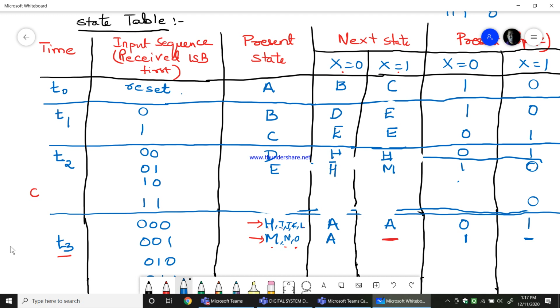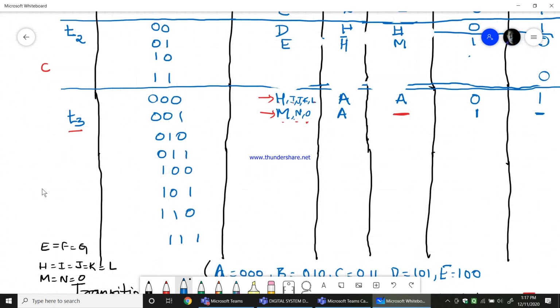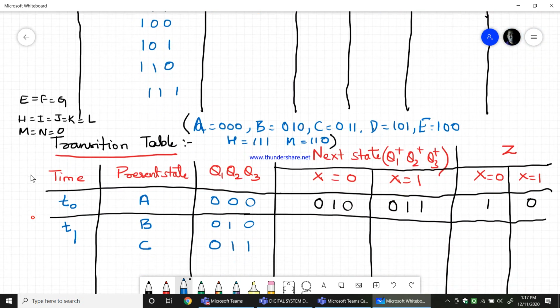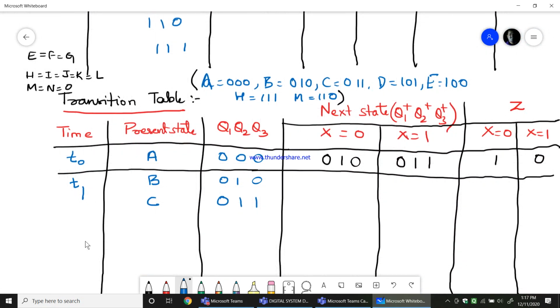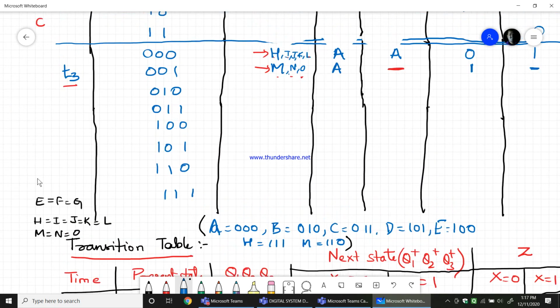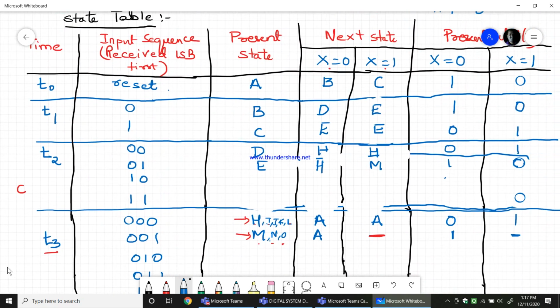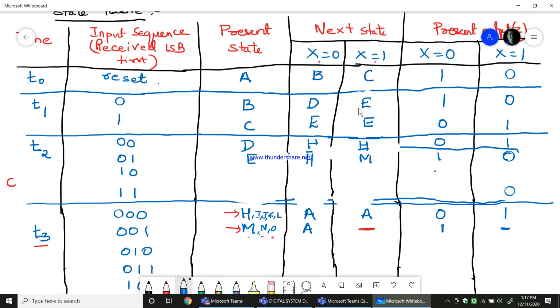Therefore, when I write the transition table here, at T1 it is okay. Now at T1 if you see, we have changed at T1 there. So T1 is what? D to E and E to E, right?